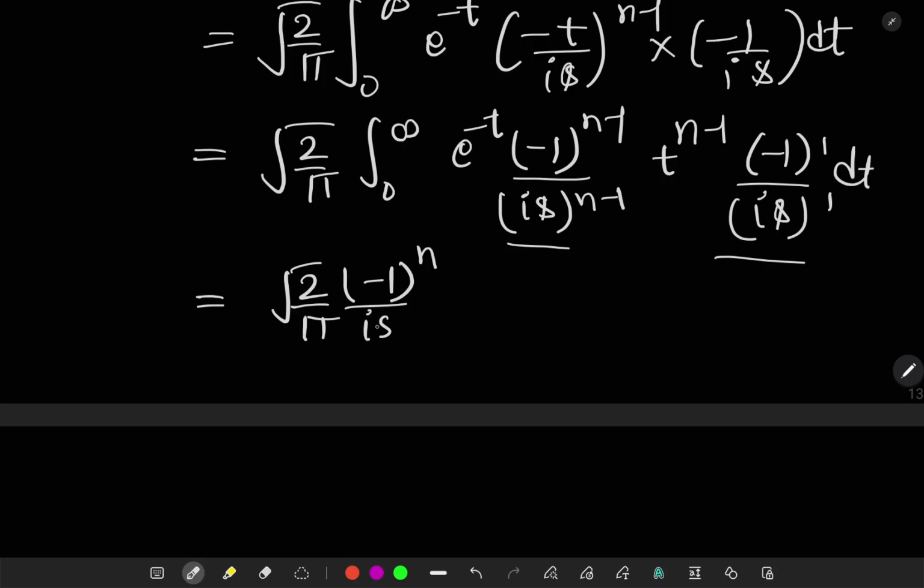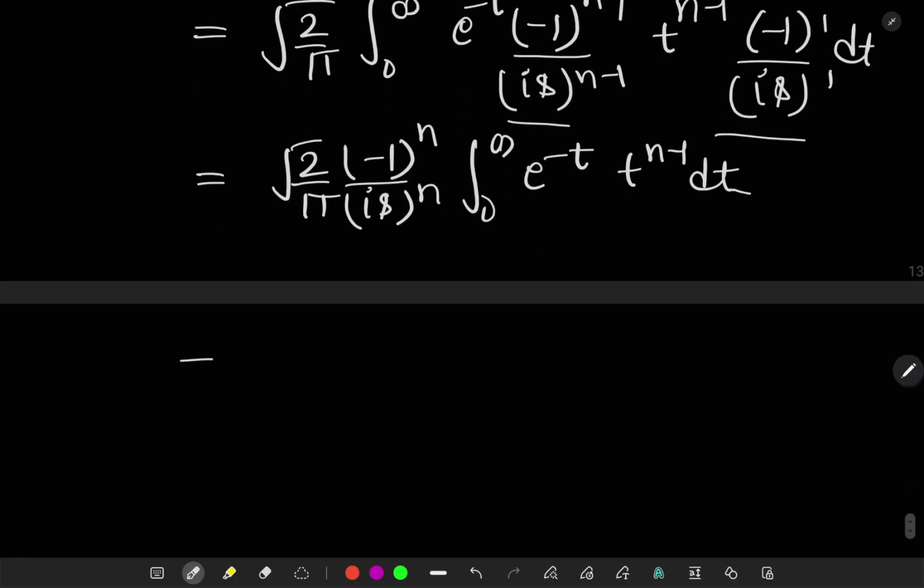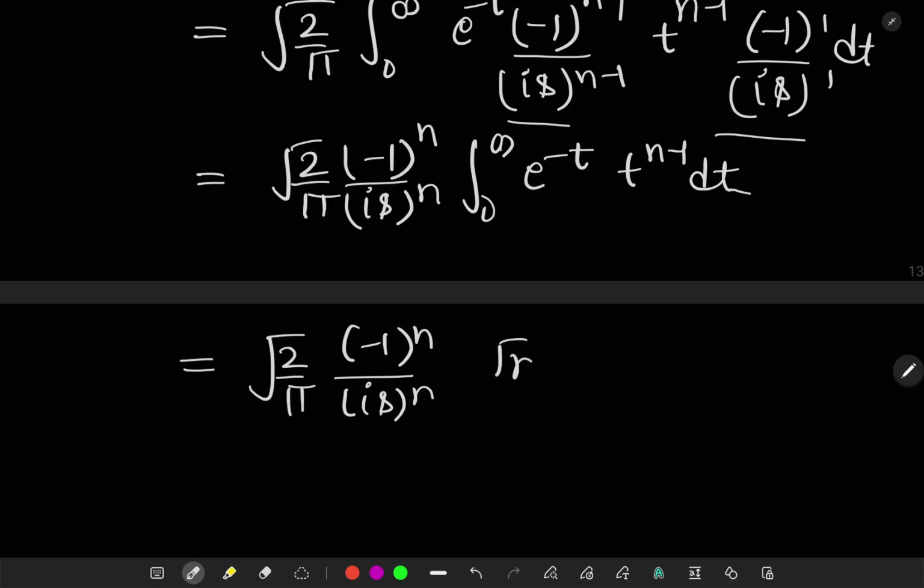So we can write here this, and this becomes e raised to power minus t into t raised to power n minus 1 dt. Here this is the gamma function, so we can use the gamma function, and this becomes gamma n.